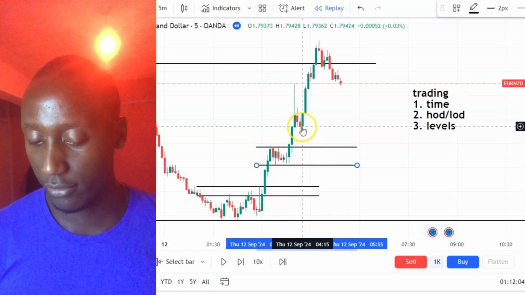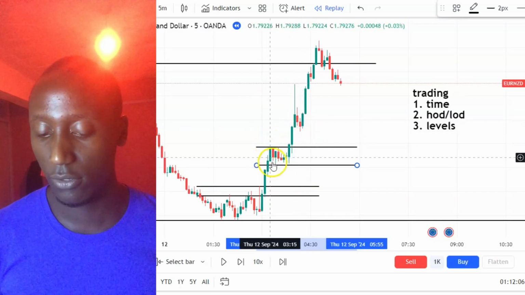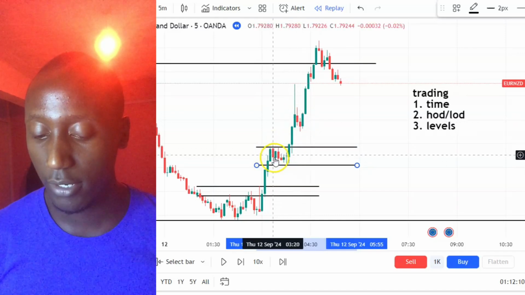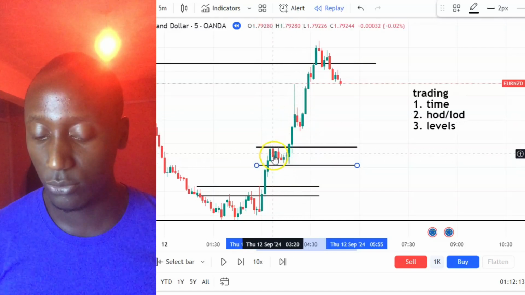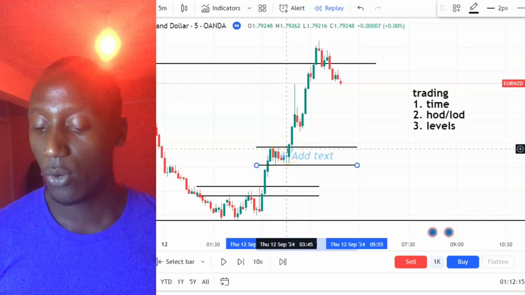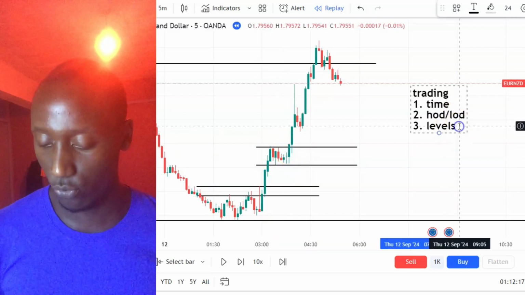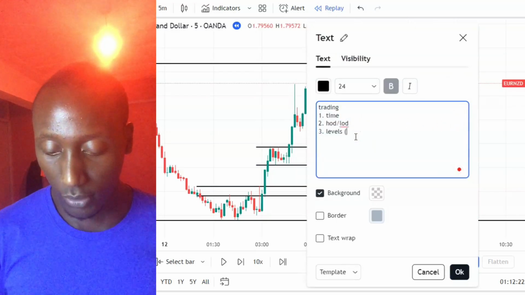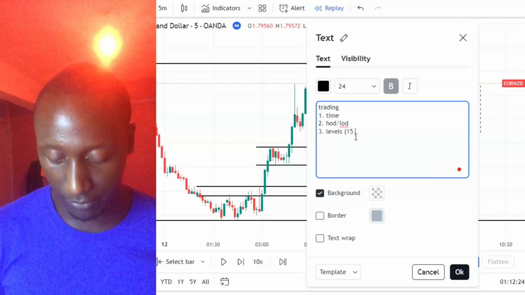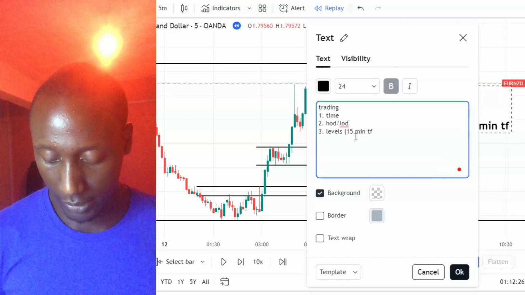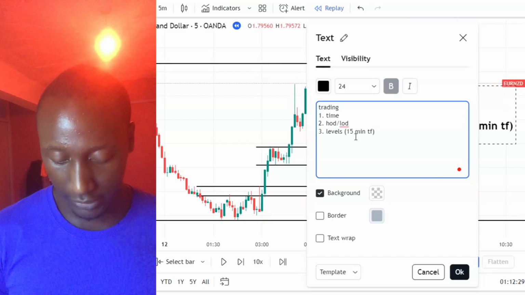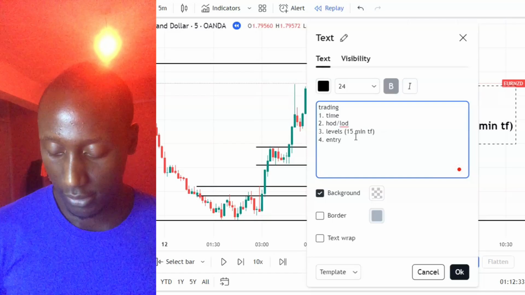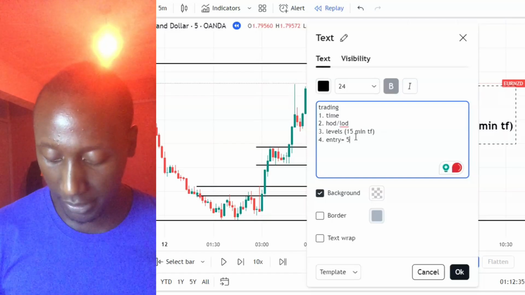This is not a level. This is a low. This is a level. So a low has 1. A level has 1, 2. Simple. Once you have your levels, then you wait for your breakout. So the levels, you identify them on the 15-minute time frame. And then the entry is a 5-minute breakout candle.